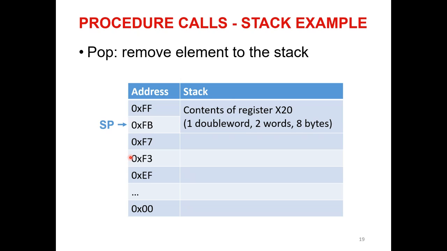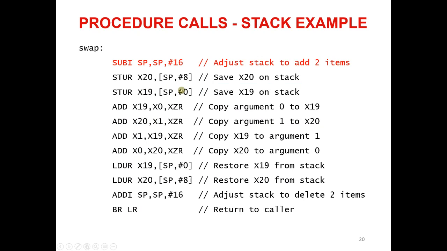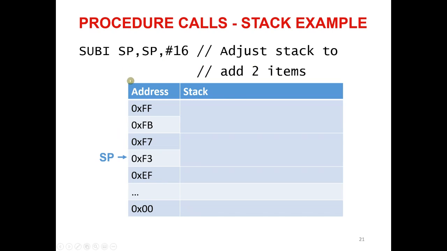But as I have mentioned, the memory is byte addressed, so each position points to 8 bits. So we need to multiply these 4 jumps by 8. This is what I'm actually doing here. With this instruction in red, I'm moving the stack pointer to this address. Why?